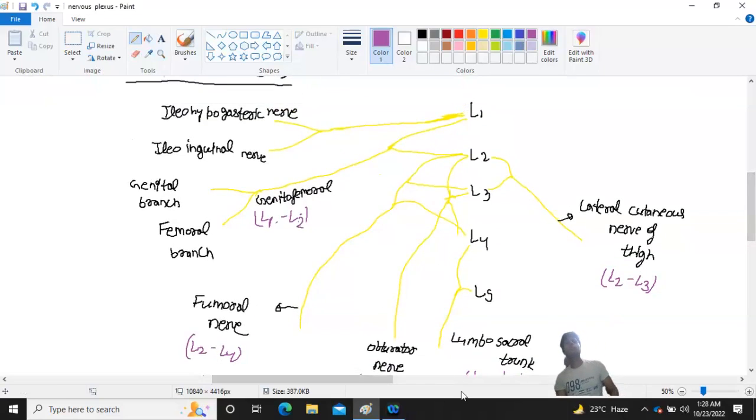These are basically the nerves which go into different areas. One important thing is there is a muscle relation in this region. Which muscle? This muscle is called the psoas major muscle, which has an important relation. Let's say here is a muscle.